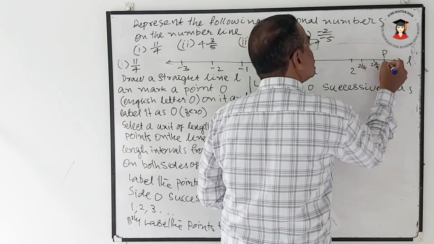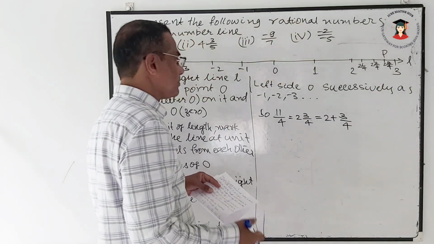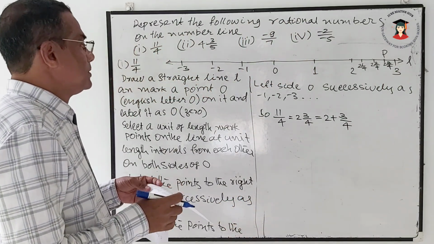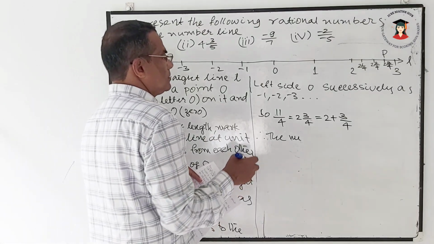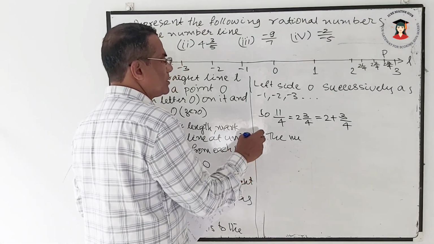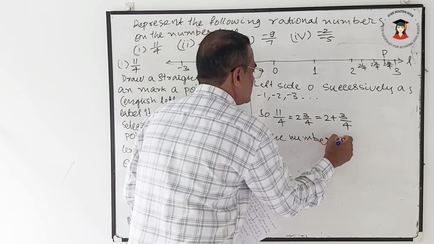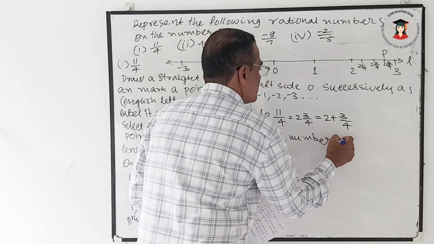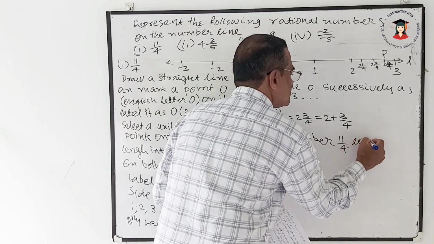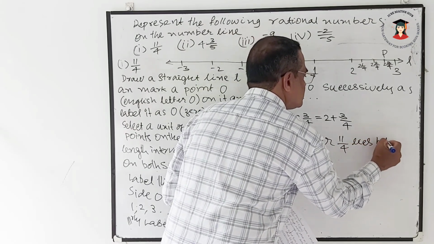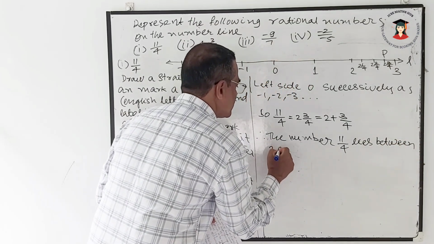This is 2 and 3 by 4. Therefore, the number (11 by 4) lies between 2 and 3.